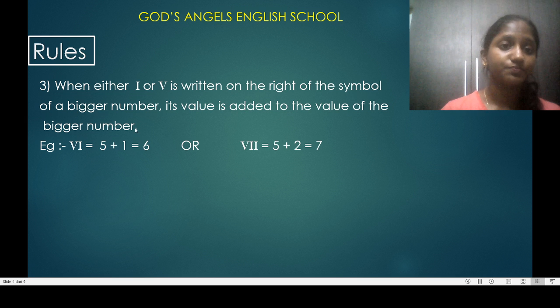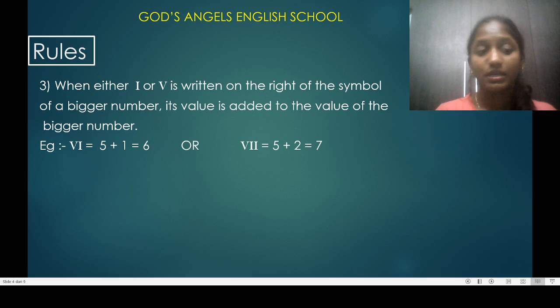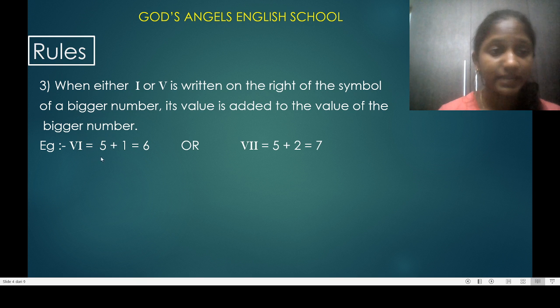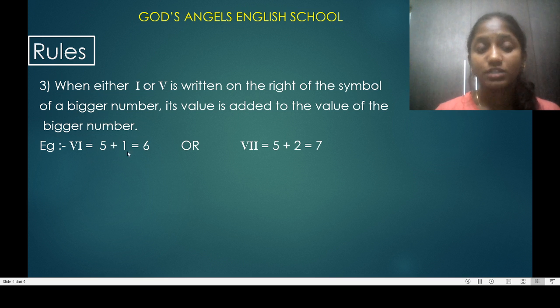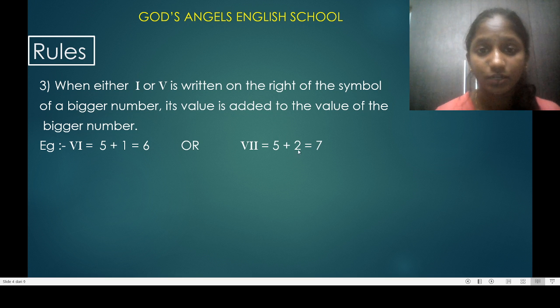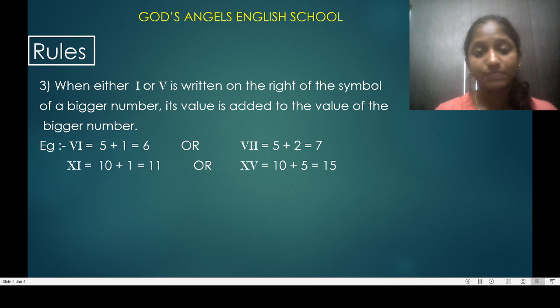For example, if number 1 is written on the right hand side of the bigger number, this number will be added, that is 6. And for the example of 5, I have 5 and I have added 2, written to the right of the symbol of the bigger number, its value is added, so I have taken 2, so that will be 7.